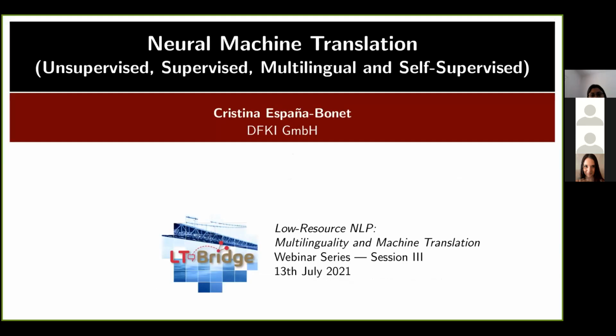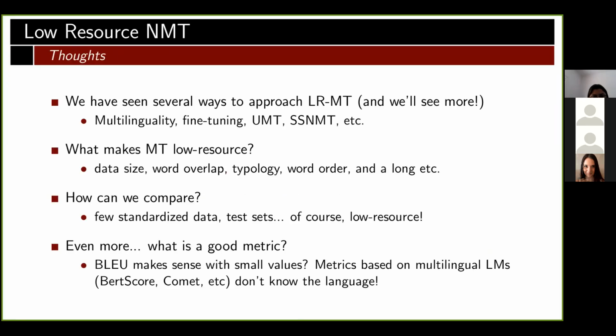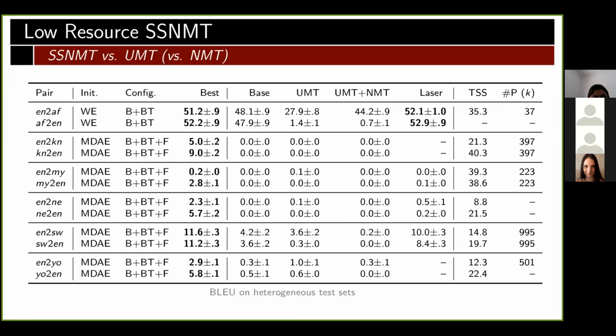But we will start the next session with this, and we will see how we can perform translation quality. I just wanted to give a spoiler, because this is the last table, the one I showed at the beginning for unsupervised neural machine translation, when we saw a lot of zeros. This block here shows the self-supervised configuration. And we see that we are able to do a bit better than unsupervised machine translation with self-supervision.